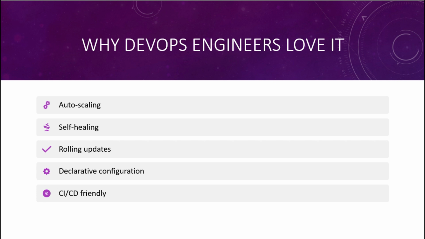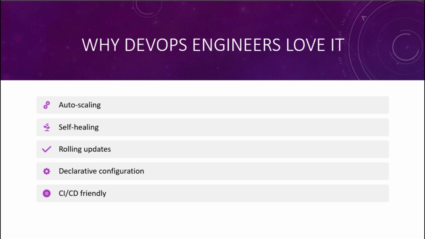Rolling updates: deploy new versions with zero downtime. Declarative config: define everything in YAML. CI/CD integration: works seamlessly with tools like Jenkins, GitLab, and Argo CD.